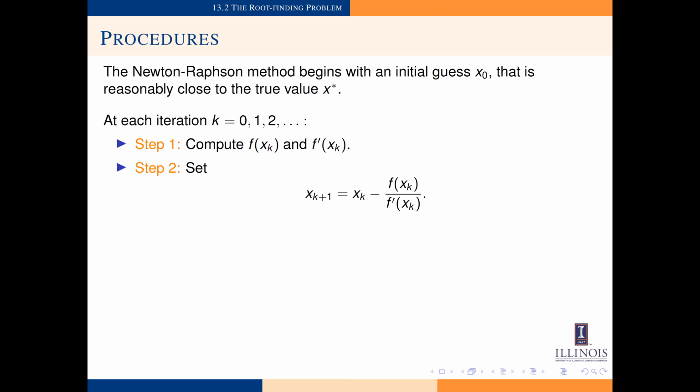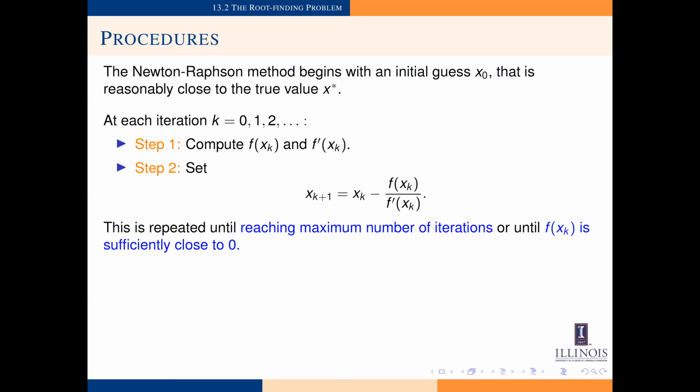And then we update the value of xk in the next iteration by xk minus this ratio over here. This is repeated until reaching the maximum number of iterations, or until f of xk is sufficiently close to 0.